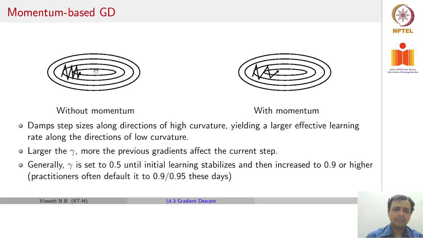Keep in mind here that this contour plot is currently elliptical, which means in certain dimensions the gradient is higher, in certain dimensions the gradient is lower. But if this error surface was spherical, then your gradient would be normal and it would point straight to the center, the minimum, and you would probably reach it in one step.